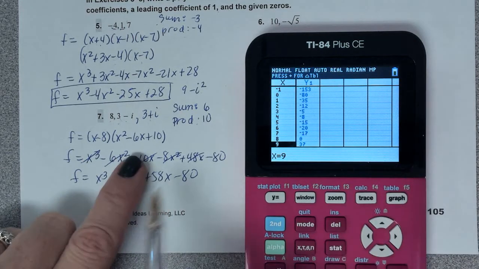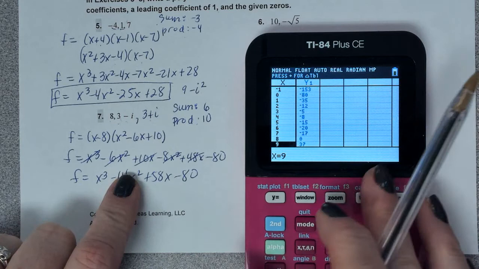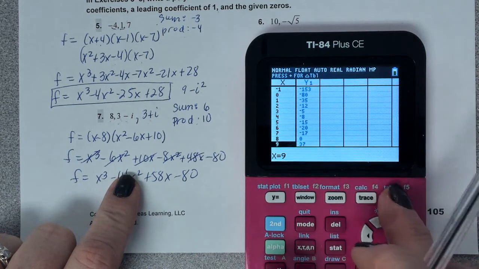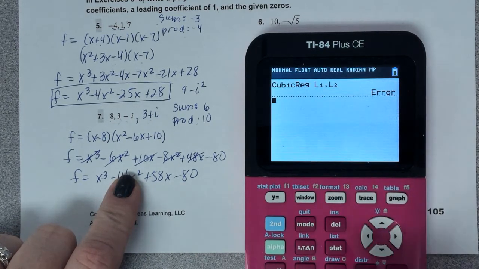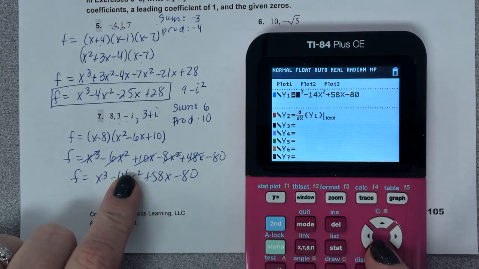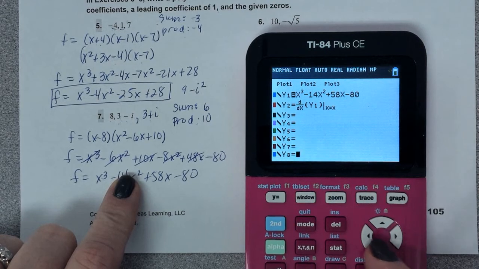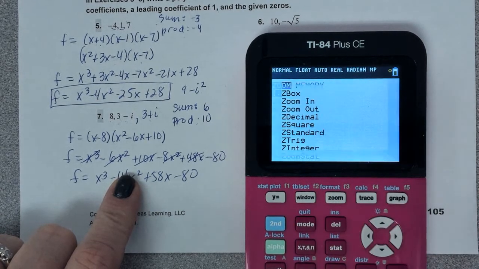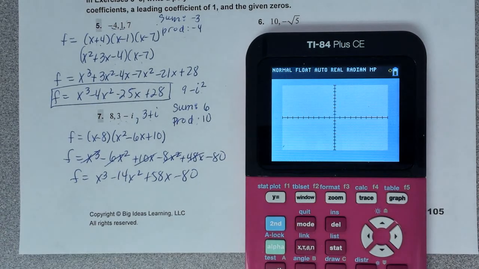I shouldn't see any other zeros because these two zeros are imaginary. And if I graph it, I should just see one x-intercept. It's down here at 8. Does that all make sense to you? All right, guys. We're going to stop there, and we'll continue a little bit later with the rest of this.